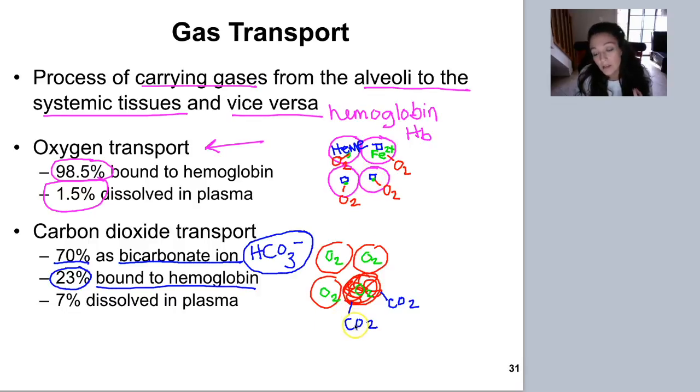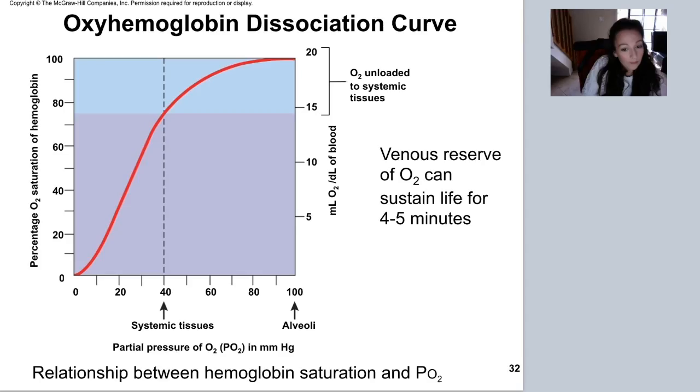These two gas molecules do affect each other's ability to bind, but they don't bind at the same place in the hemoglobin molecule. We're going to talk about the significance of that coming up. So I really want you to know they both bind to hemoglobin, but they bind in different positions. And then finally, 7% of our carbon dioxide is just found dissolved in our blood plasma, just like we have this 1.5% of oxygen dissolved in our blood plasma.